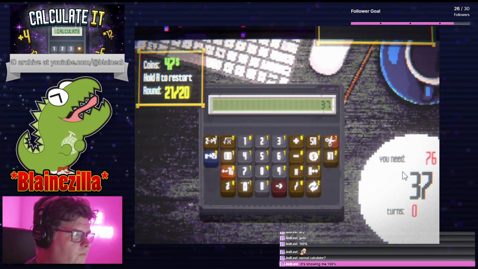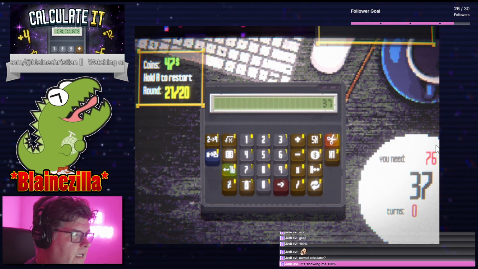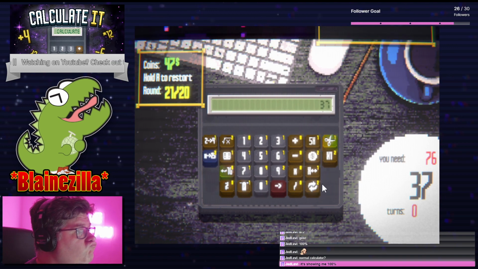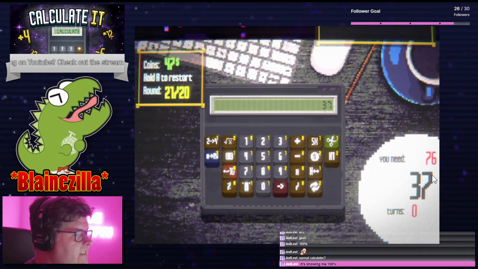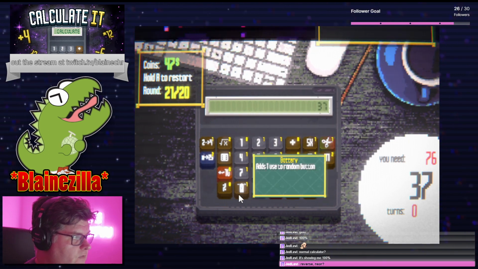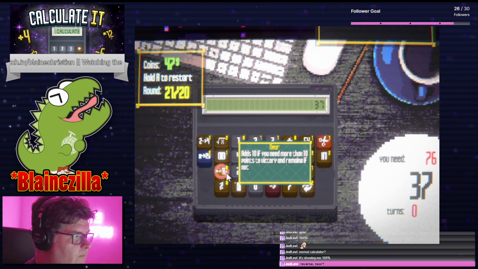76 from 37. We can make it into 6. We can reverse these and make it 67, which is a different number. Reverse near. We have no more nears. It's a good idea. I think we have 0 nears.